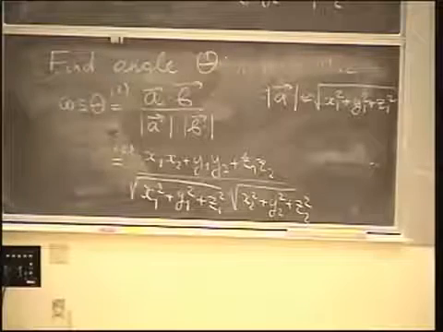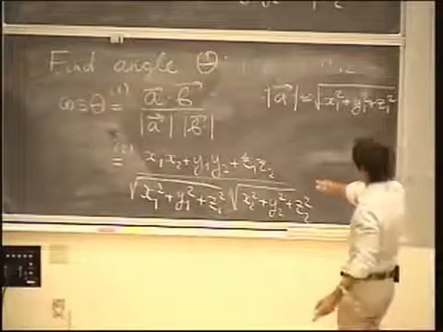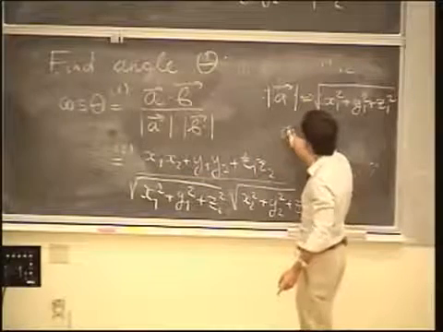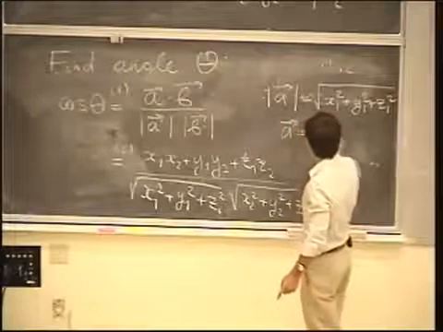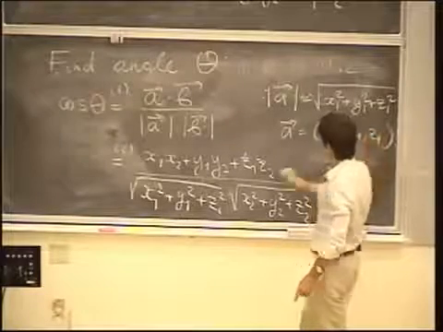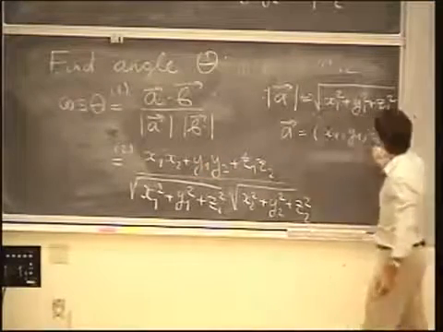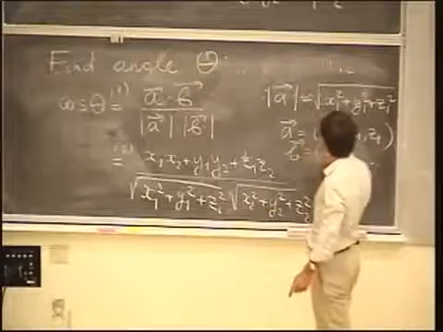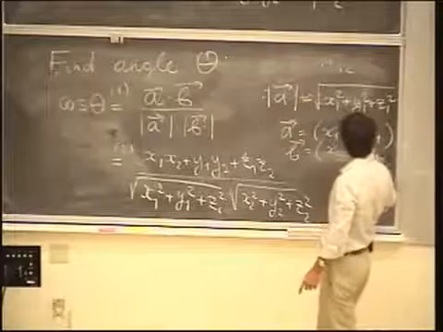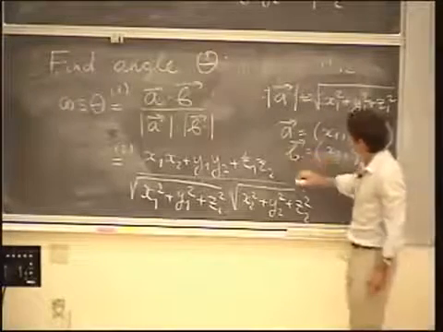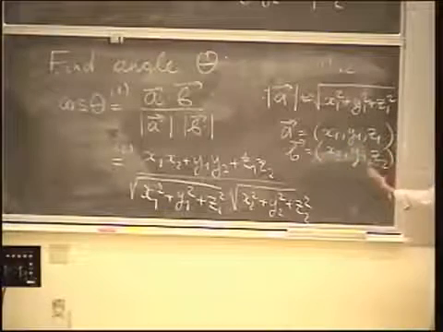But in fact, there is a very explicit formula which uses nothing but the expression for A and B in terms of components. So this formula only uses x1, y1, z1, which are the components of A, and x2, y2, and z2, which are the components of B. And a priori, there's no reason to believe that there would be such a formula.